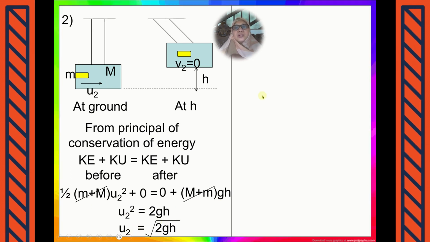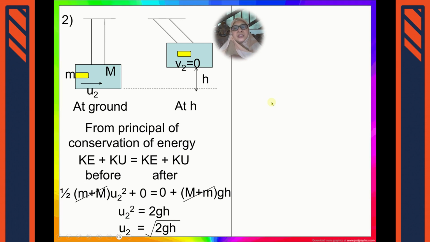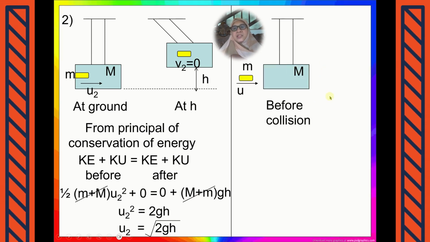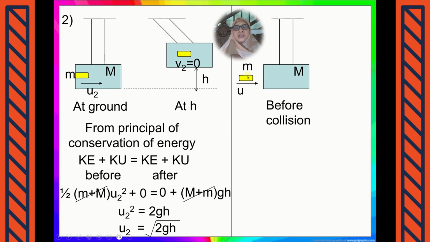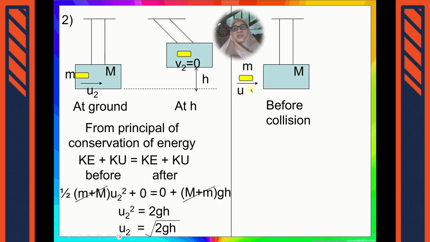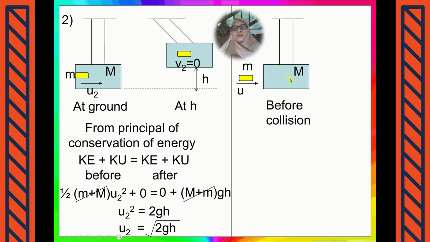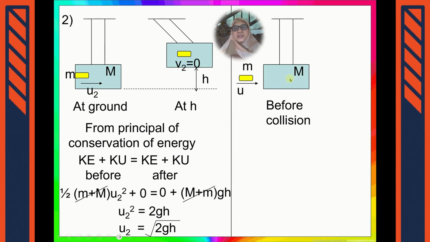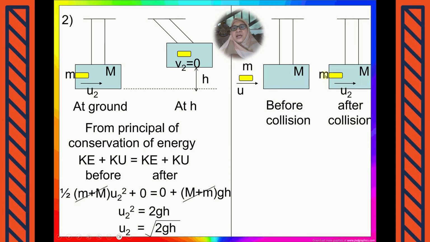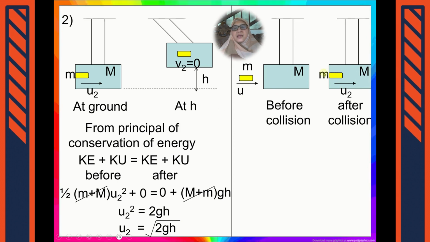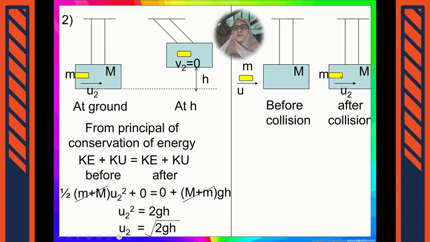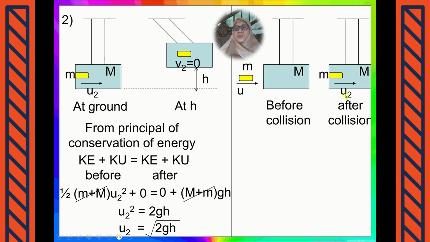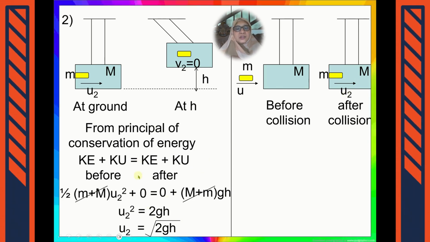Next we are going to use the principle of conservation of momentum for the second part. Before collision, the bullet of mass m moves with velocity u, and the pendulum here is stationary. Then after the bullet hits the pendulum, they move together with velocity u2, which we calculated already in the first part.